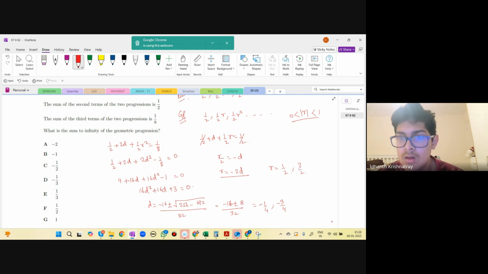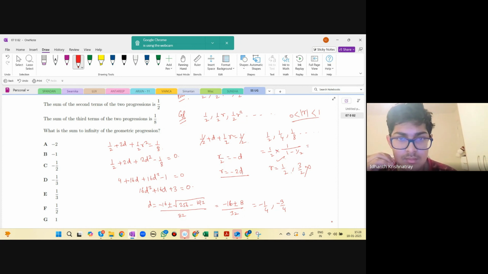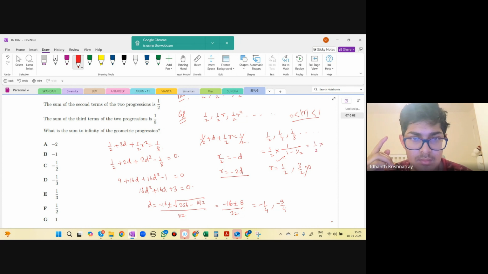So this cannot be the case because R has to be between 0 and 1. So the solution is R is half. So the series becomes half, 1/4, 1/8, like this, and the sum would be half into 1 by 1 minus half, which is 1 by 2 into 1 by half, which is 1.